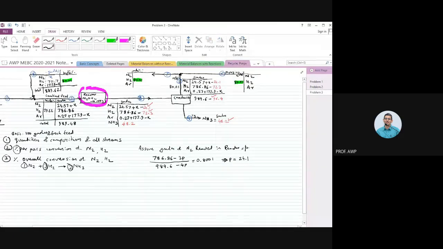Are you getting it, Smith, or should we solve? Yes, sir, getting.